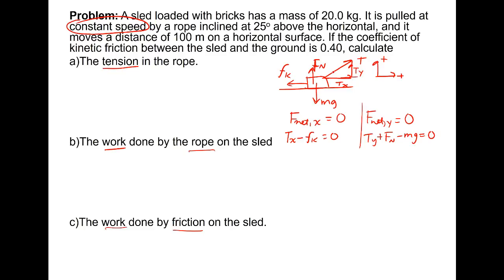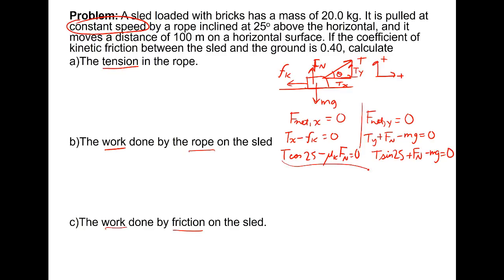Okay? Now Tx, here's our angle, is going to be T cosine 25. Friction is going to be mu k times F normal. That'll be equal to 0. And Ty is going to be T sine 25.